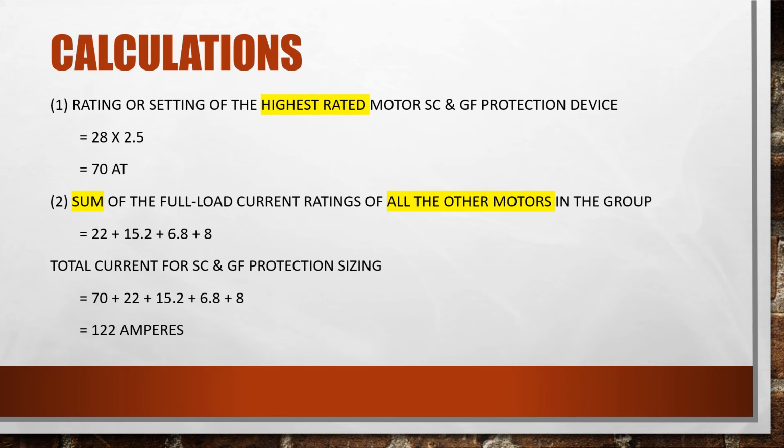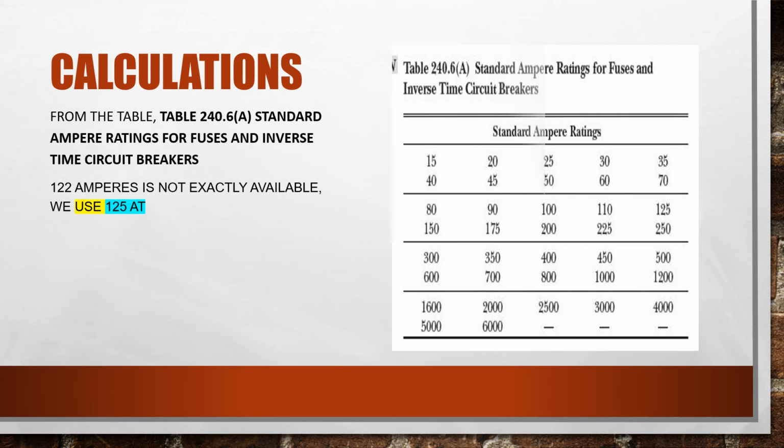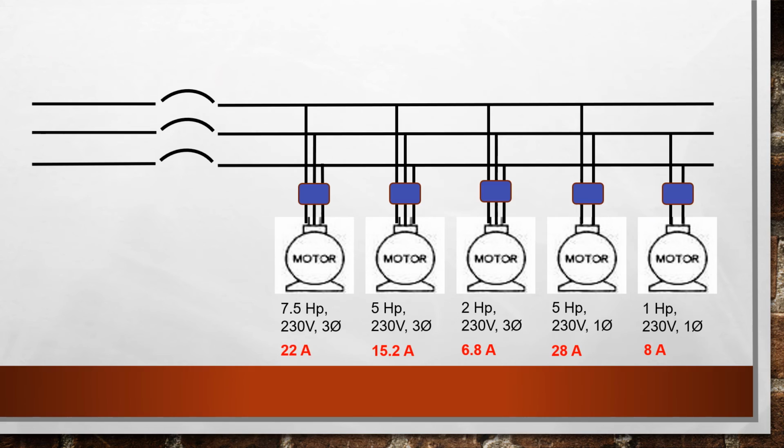Now we got 122 amperes. From the table of standard ampere ratings for fuses and inverse time circuit breakers, 122 ampere is not exactly available. So we have to use 125 ampere trip. We can see it here in this table. This is 125. There is no exact 122. The lesser one is 110, and next to 125 is 150. So we can use 125 here.